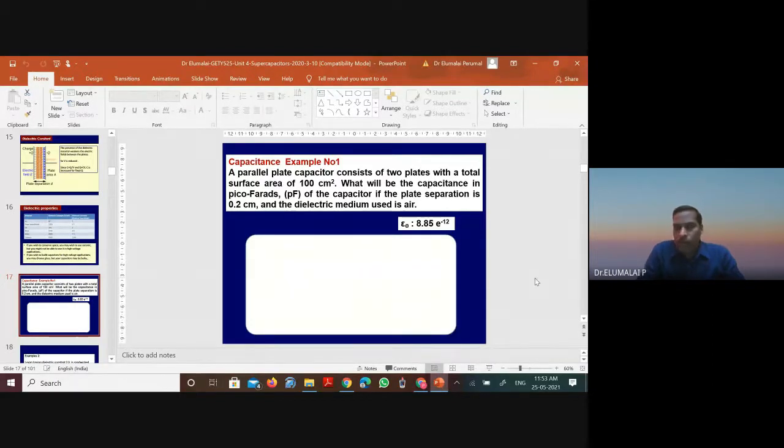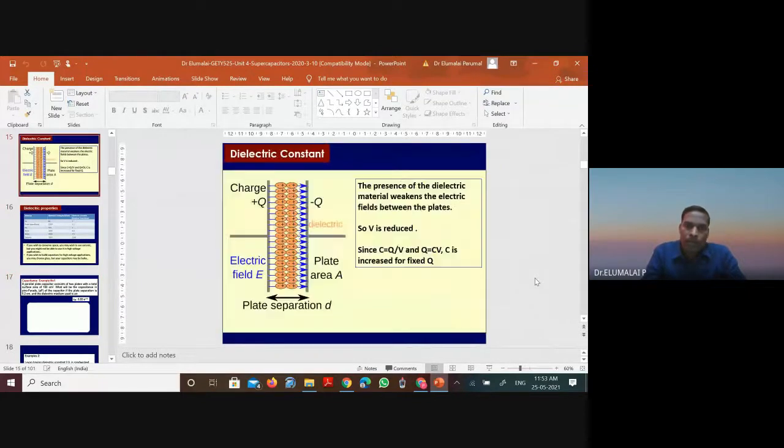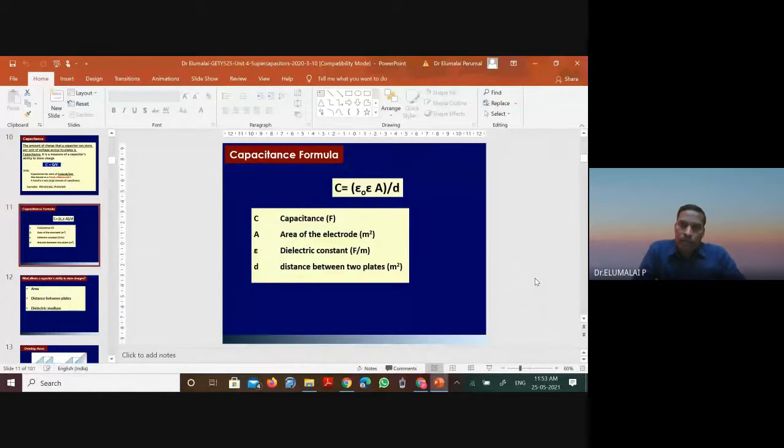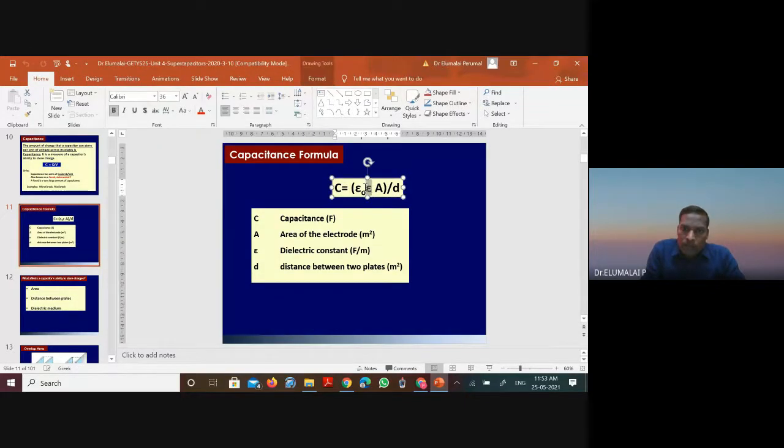Please try to work out. So we'll be using this simple formula, C is equal to epsilon 0 epsilon A by D. Since only air is given as the dielectric medium, the relative permittivity is not required.